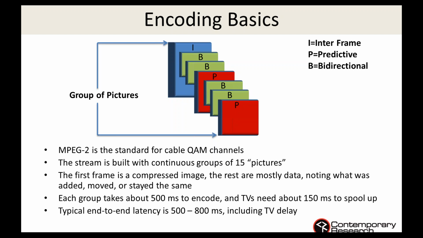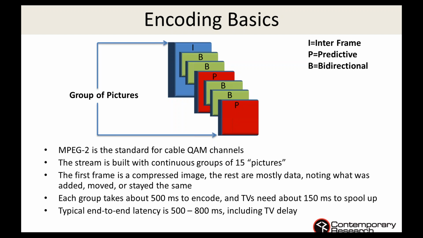So the only picture is the first one. We call it the iframe. All the rest are interactive. They look at each other and come up with the best idea of what that could be. And then when you get it to the TV, it takes some time, and it puts all of that back together again to give you a video that looks kind of like the original.